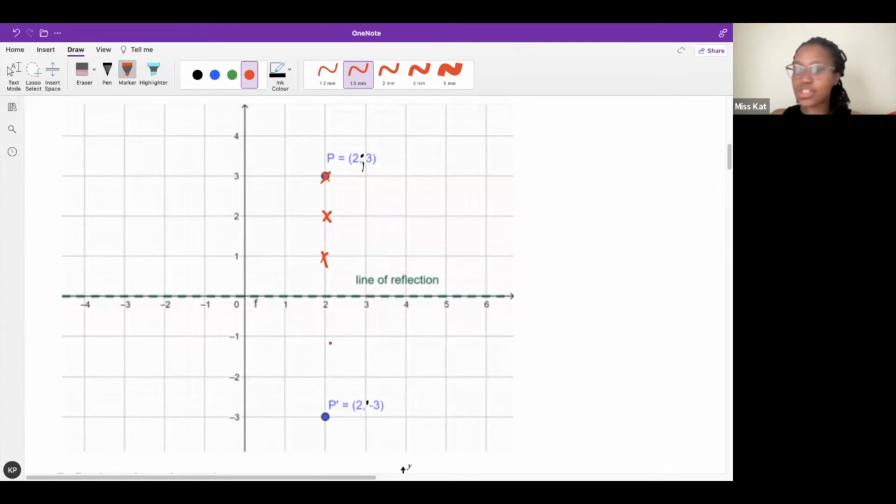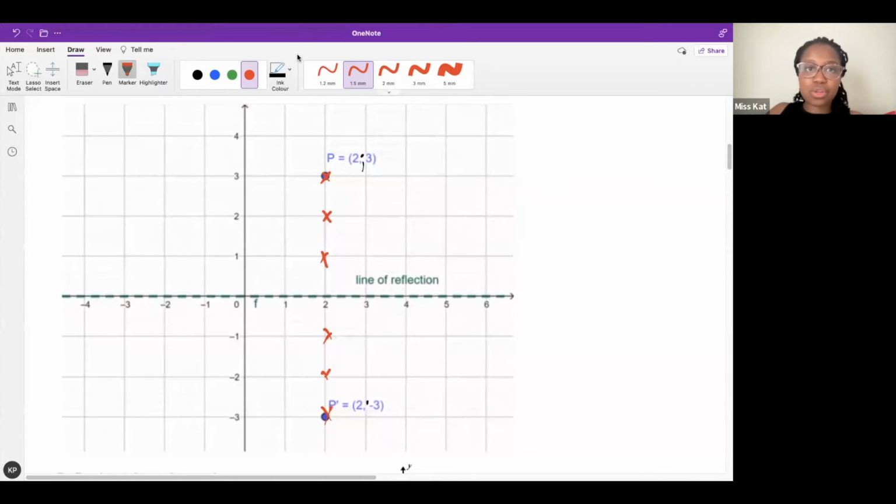It's still 3. It's just in the opposite direction, guys. You see why this is your mirror. So you'll see it's still 1, 2, 3. We are just going in the opposite direction. But your x coordinate doesn't change because it's not moving sideways. It's only moving up and down.